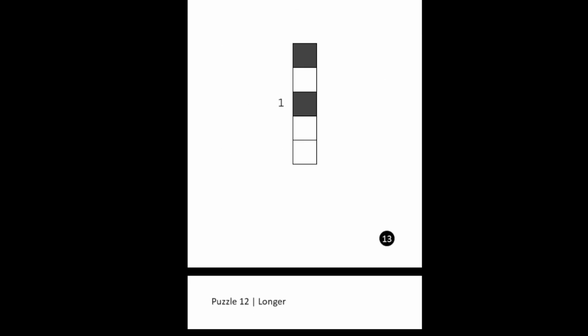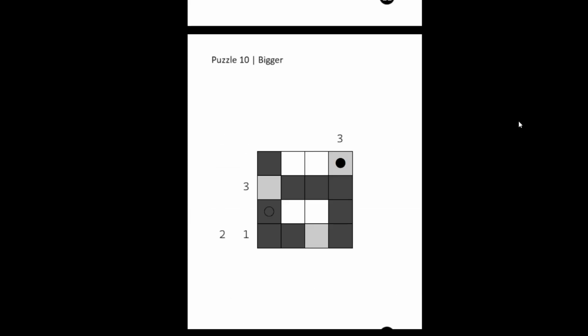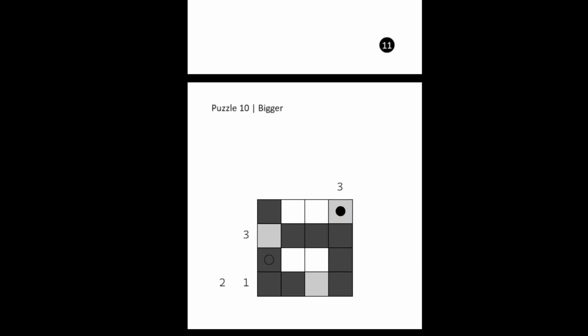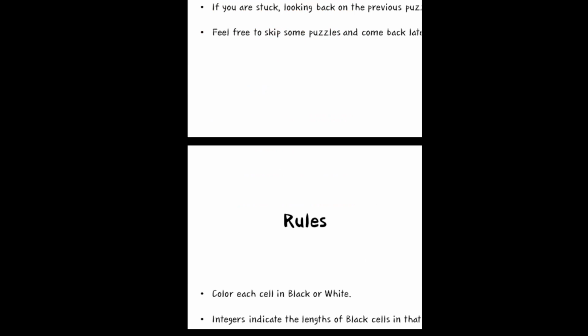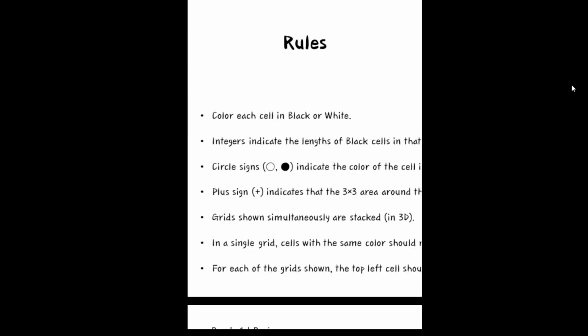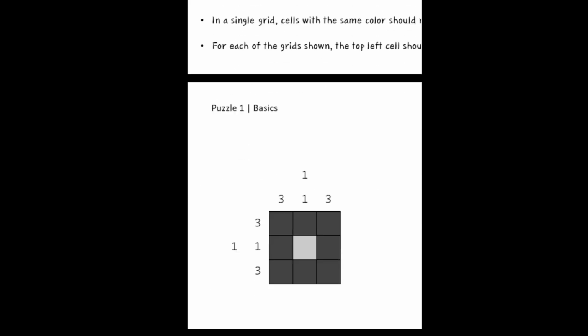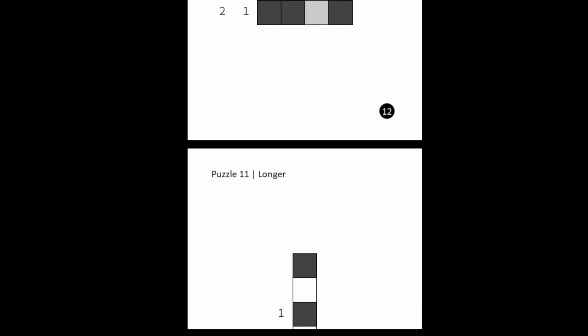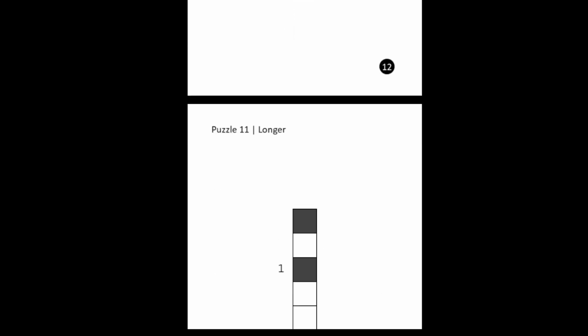But it can't be, right? Just looking at the rules sheet, there's nothing here that could say no black regions can be square. And we know that there have to be square white regions.